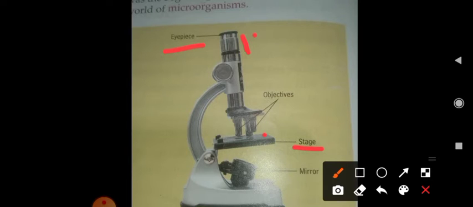The mirror kept below the stage directs light through the specimen, so that the light rays are directed towards the stage and you can easily see the specimen. So this is how the microscope works. Do you understand, children? With the help of this microscope, scientists are able to find very tiny objects that are called microorganisms.